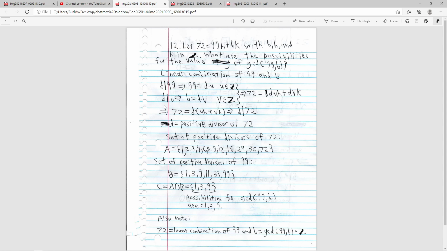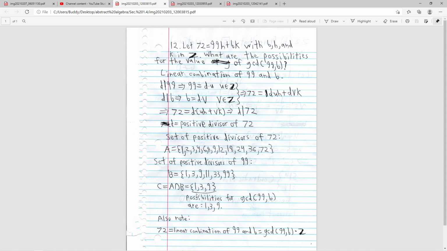We state out a lot of stuff we see from this. That d divides both of them implies that they equal d times an integer. This implies that 72 equals, I plug in du for 99, and b is substituted with dv, so it's dvk and duh.